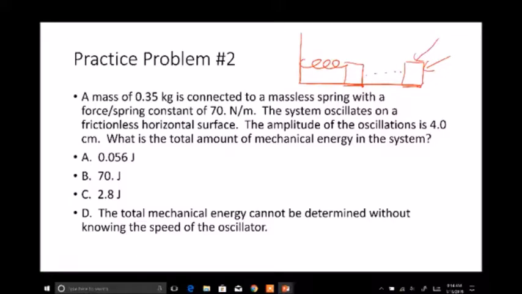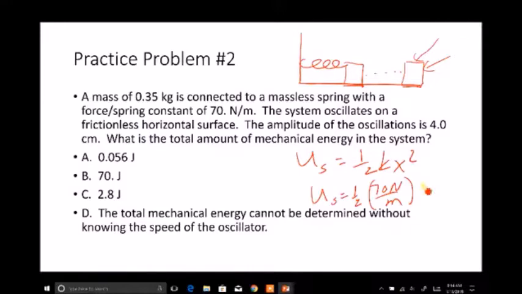So let's do that. We're going to use the equation Us equals 1/2 kx squared. So in this case, it's going to be 1/2 times k, our spring constant, times x squared. Since the spring constant is in newtons per meter, we need to put our x, our amplitude, in meters.